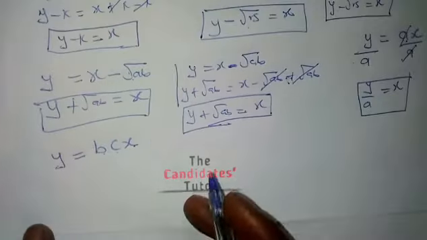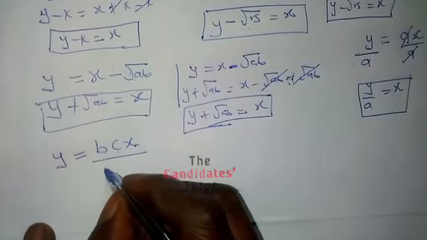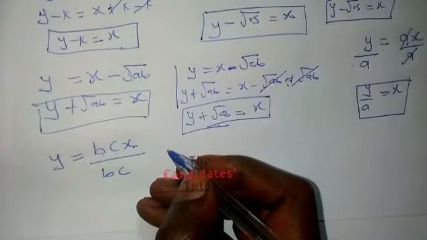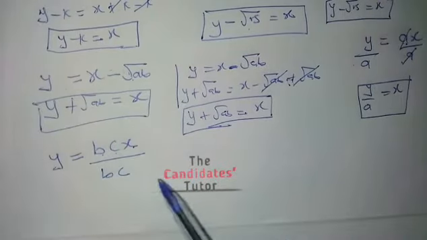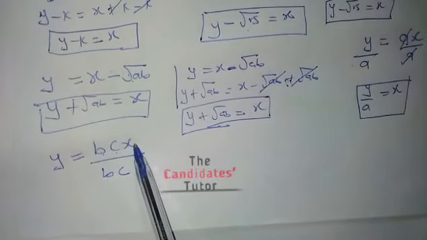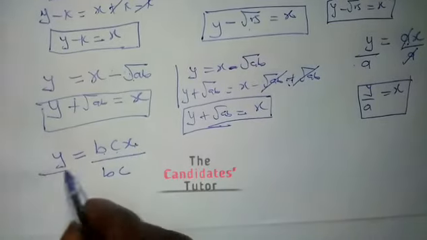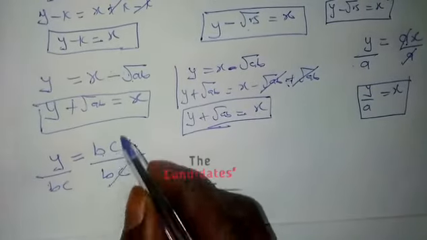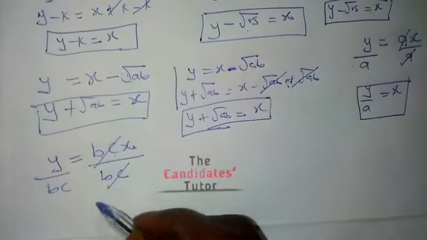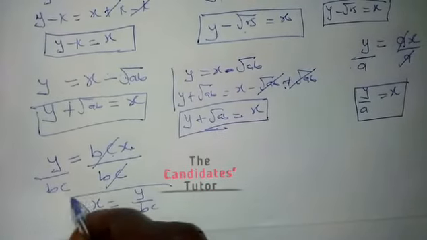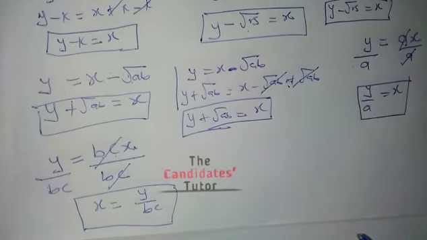So we divide by bc, because bc are the letters that are affecting our x, or whatever letter we have been asked to make the subject. So we divide both sides by bc and we cancel out. So our final answer, x will be equal to y over bc. That becomes our final answer for this particular question.